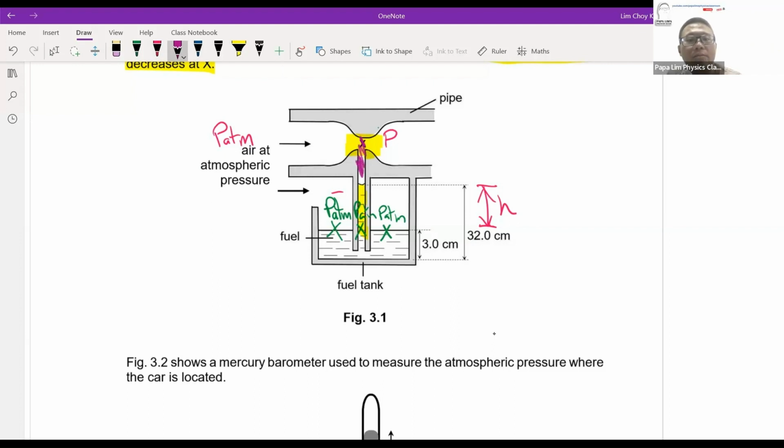So this would be your pressure X, at the top of the fluid. At this green colored area, atmospheric pressure is due to the pressure from the fuel and the pressure due to X. These two components add up to be your atmospheric pressure.